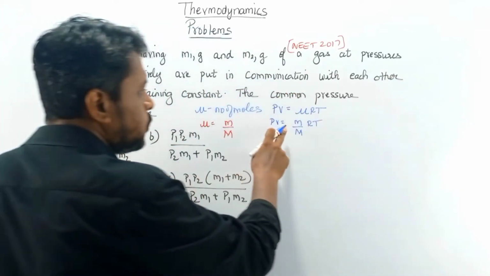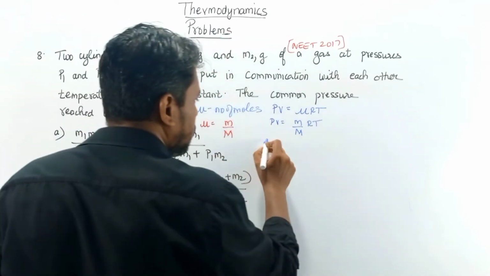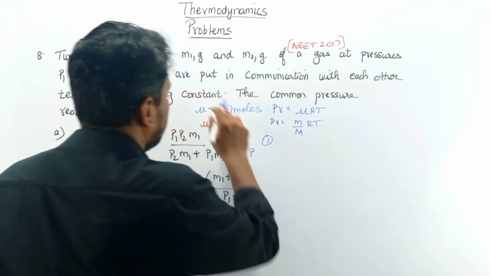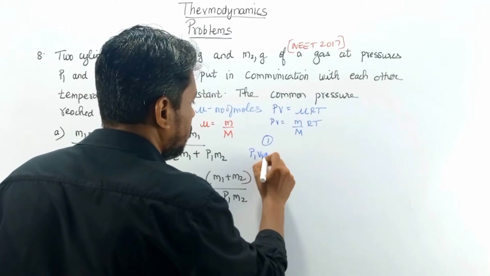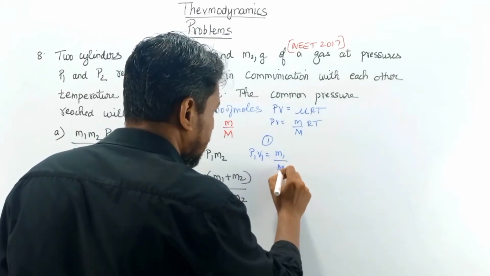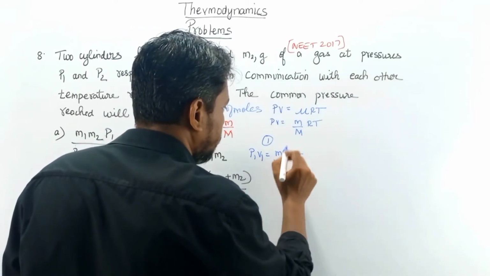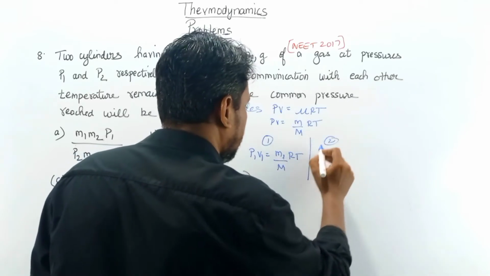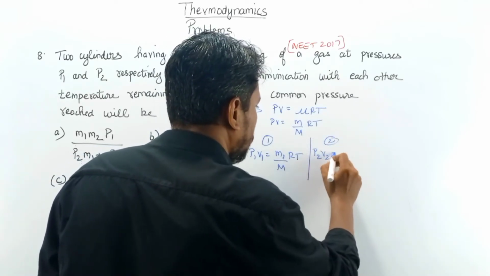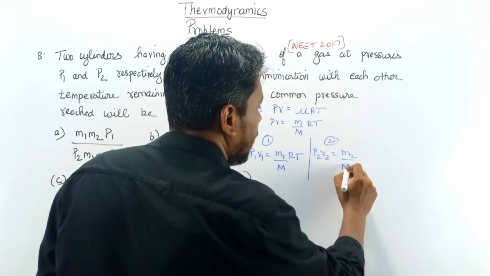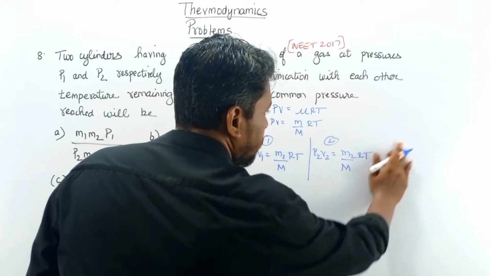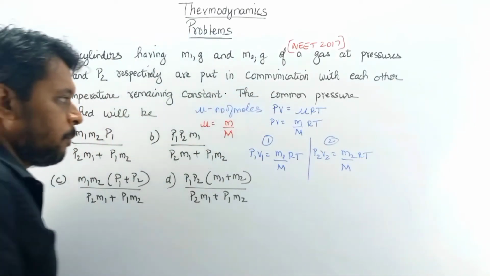Now we substitute this for 1 and 2. For the first mass, P1 V1 equals m1 by M into RT. For the second, P2 V2 equals m2 by M into RT, because the same gas is used, so the molar mass remains the same.